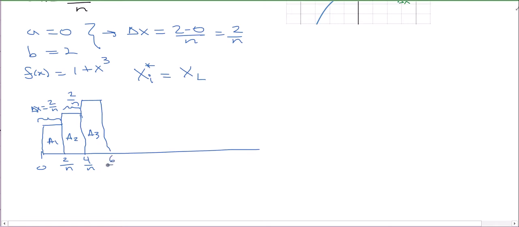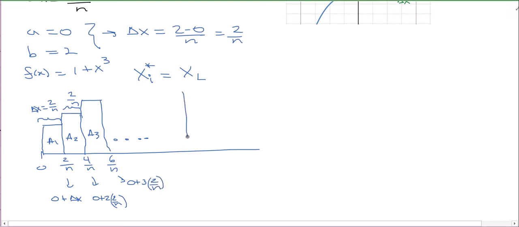That will be 6 over n, 2 over n plus 2 over n plus another 2 over n, and so on. So you can see that this one is a, 0 plus delta x, and then this is a, 0 plus 2 times delta x. And then this one is 0 plus 3 times delta x, and so on.